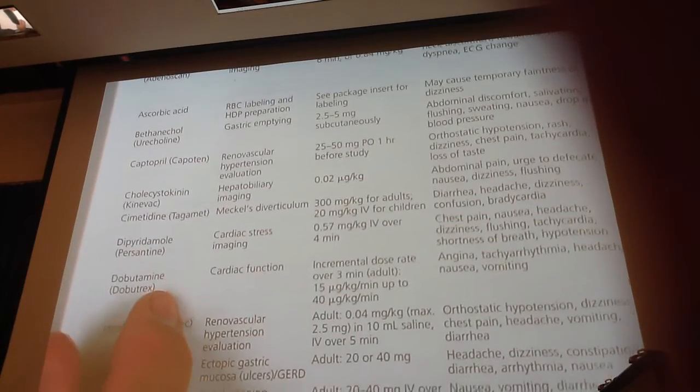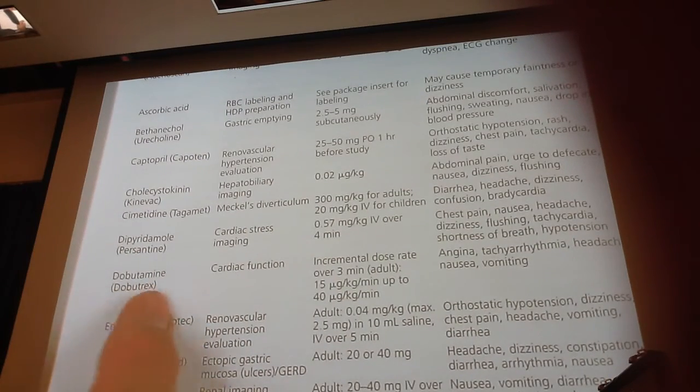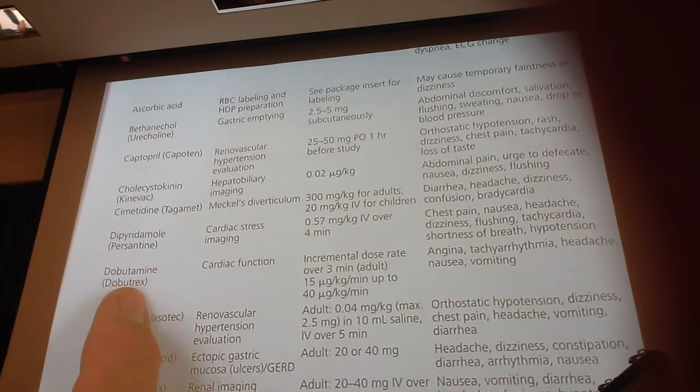But see, this one here is important, dobutamine. When would you use dobutamine? When someone has asthma. A patient that has asthma, we cannot use adenosine or Lexiscan or any of that. So this type of test, you're literally putting the patient on a treadmill, pharmacologically speaking.